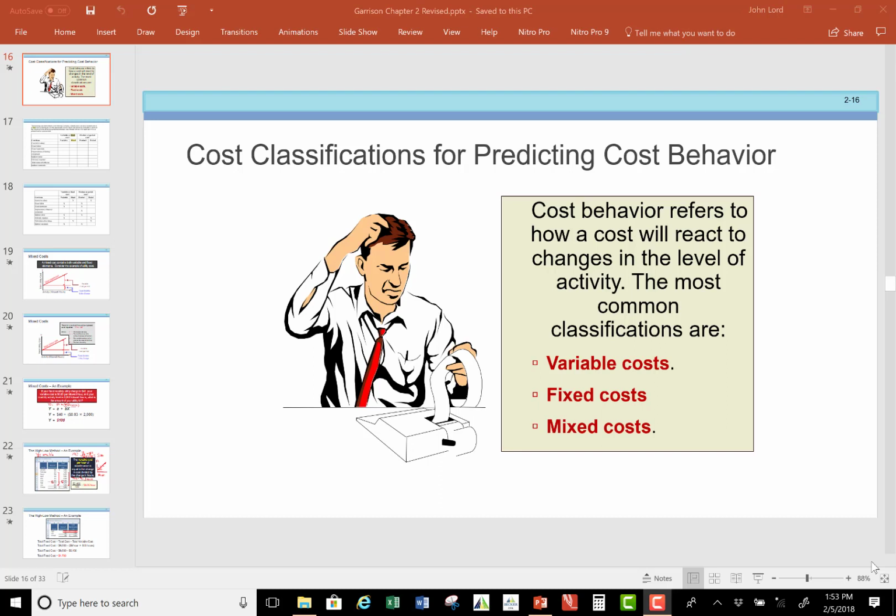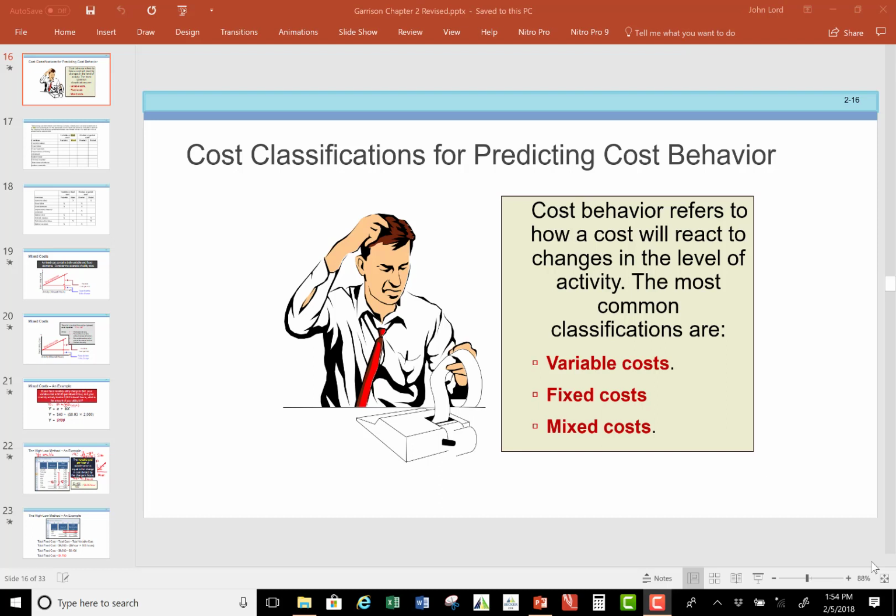Well, if that's the case, if we're looking at the manufacturing overhead as really being a mixed category, then we should be able to predict how these costs work using something like we just drew up here a minute ago, where the y-axis is the total overhead cost.